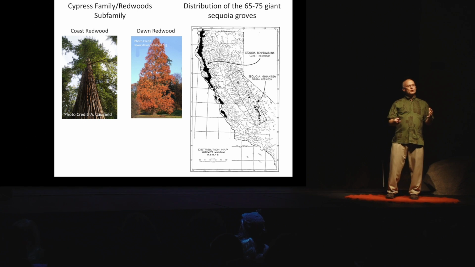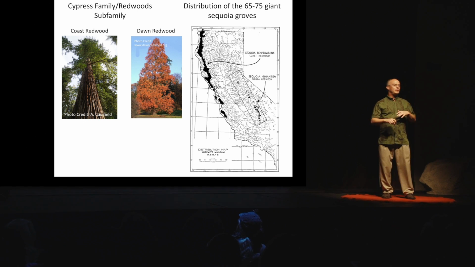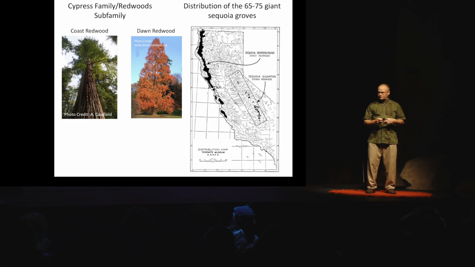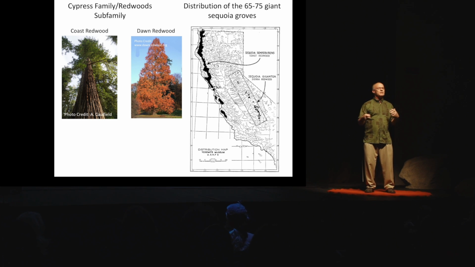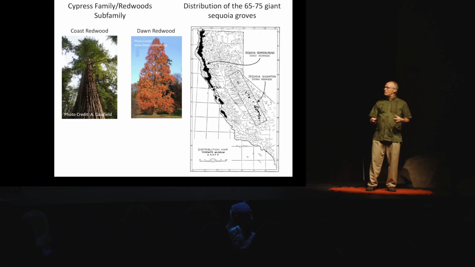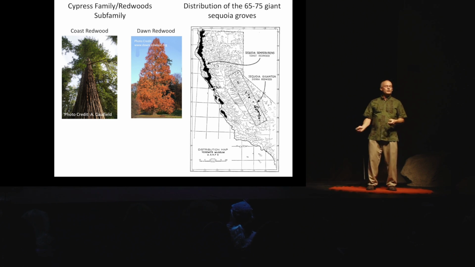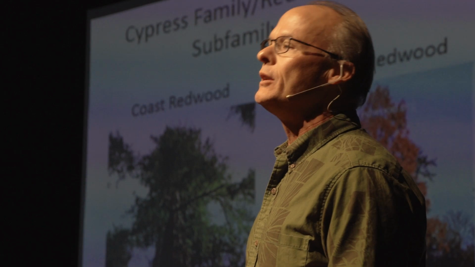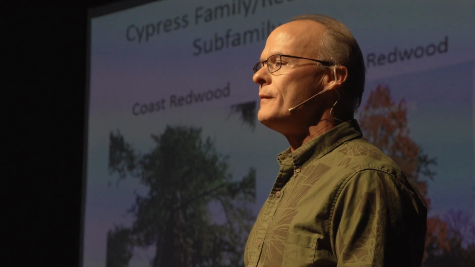The distribution of redwoods historically spanned the entire northern hemisphere. And the oldest fossils date back around 200 million years ago during the Jurassic period. But today, we are left with relic groves spanning a footprint about the size of the city of Cleveland on the western slopes of the Sierra Nevada mountains.